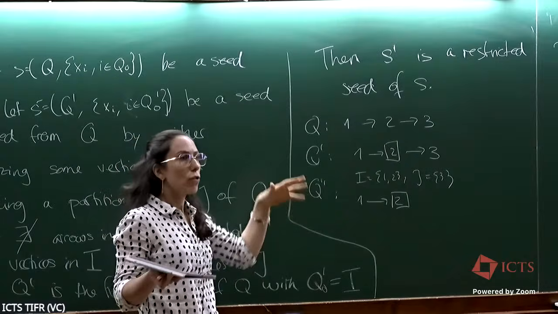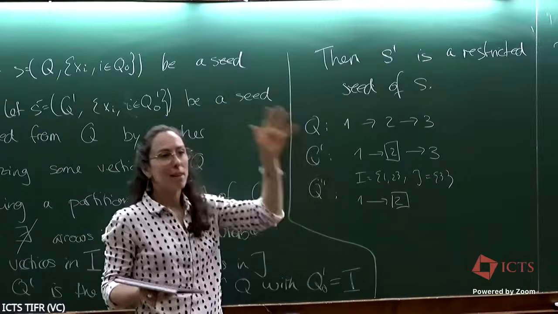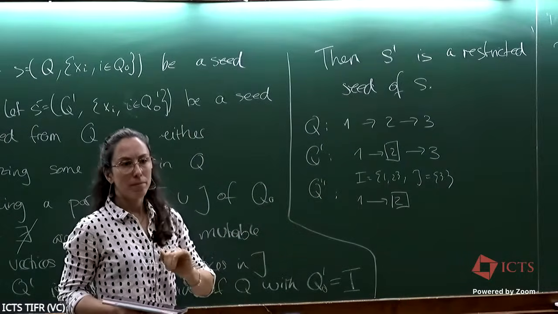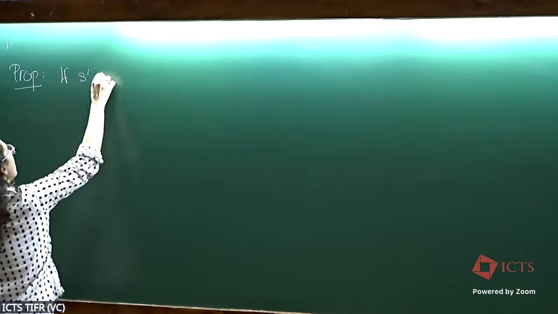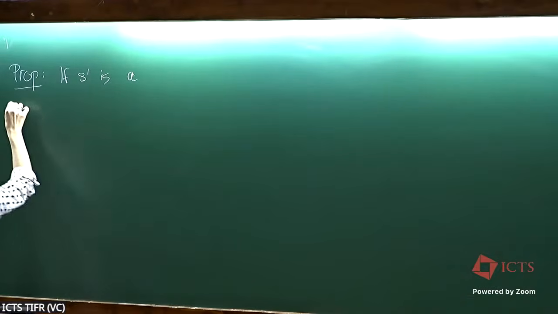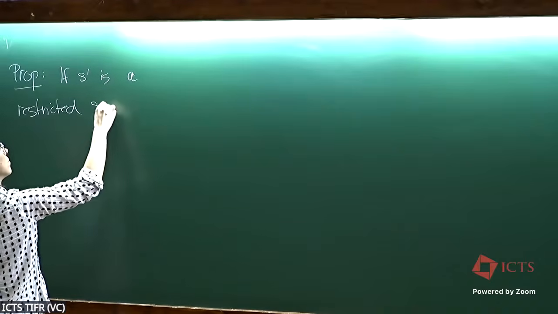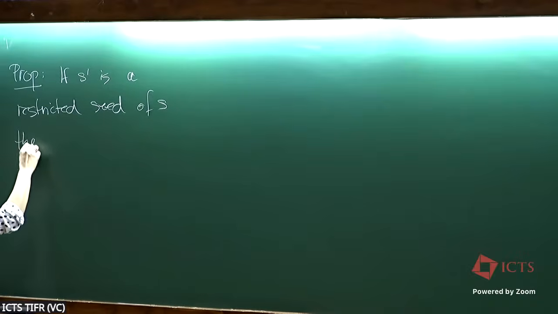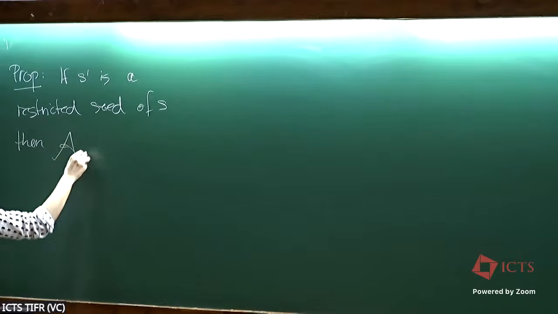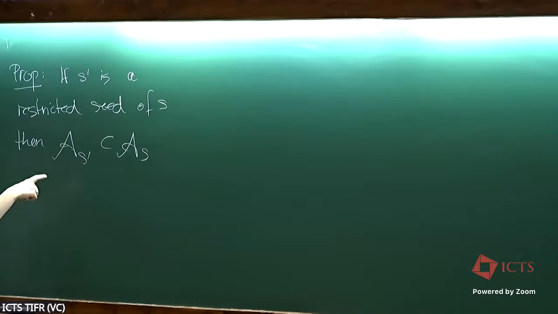We're generating an algebra that has a subset of the generators of the original one. So if S prime is a restricted seed of S, then the cluster algebra associated to S prime is a subalgebra, a subcluster algebra.